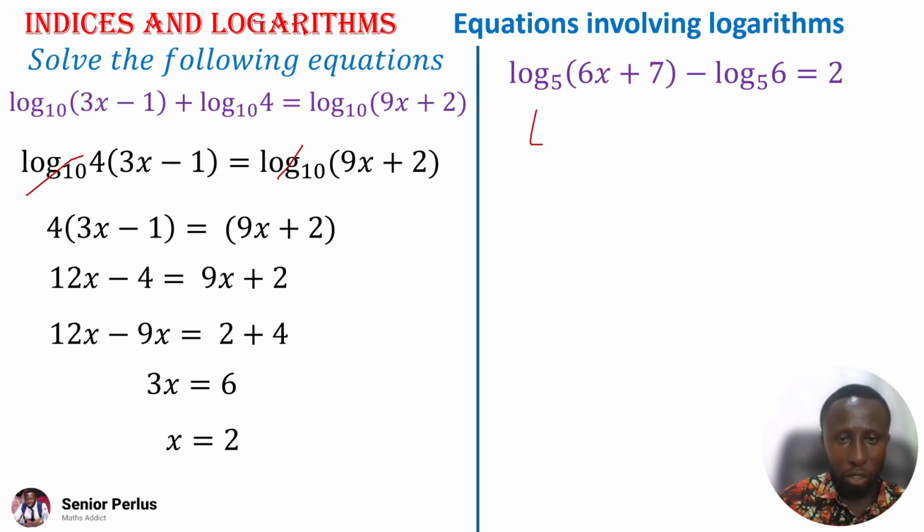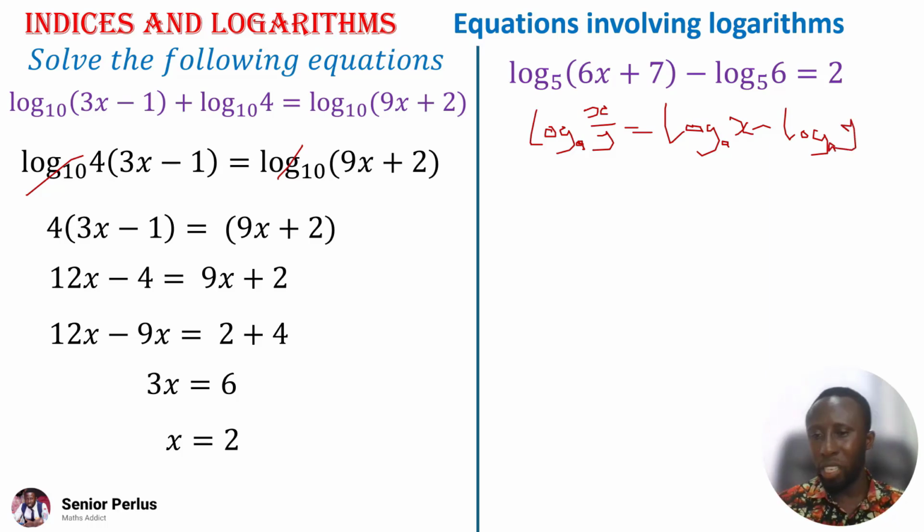That one was saying that log x divided by y to the base a can be written as log x to the base a minus log y to the base a. Do you remember this quotient property? Very easy. So just apply this.